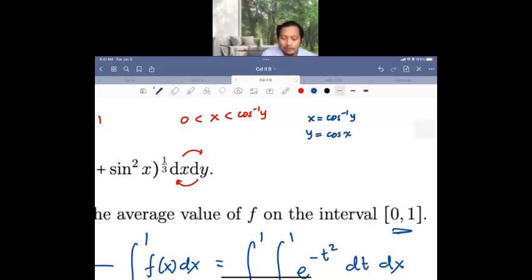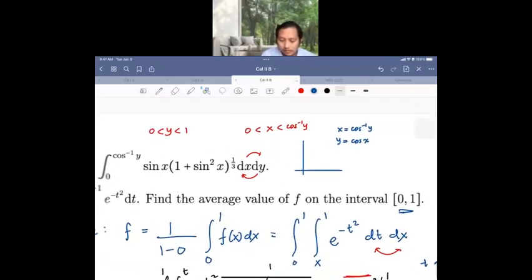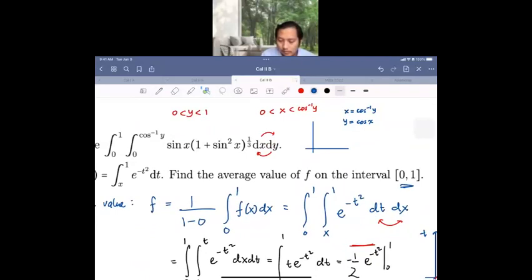So we have, sorry, this is 1, this is 0. Well, this is pi over 2, right? Pi over 2. Let's say this is going to be that.